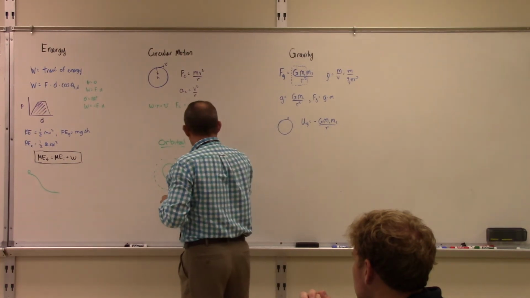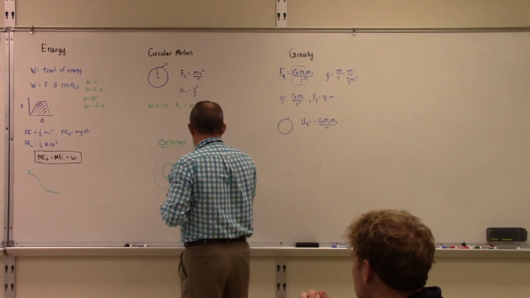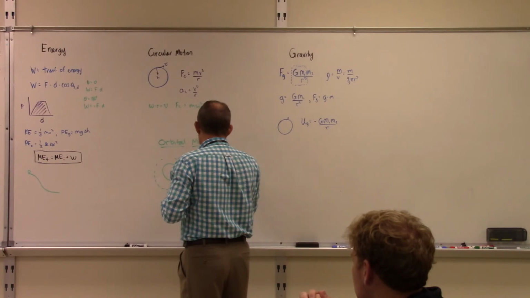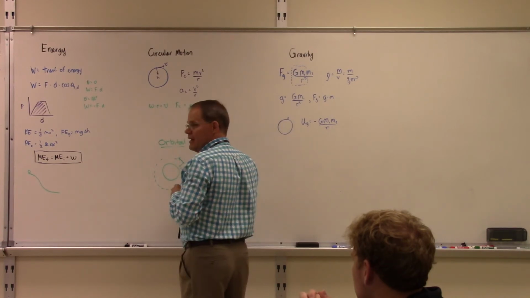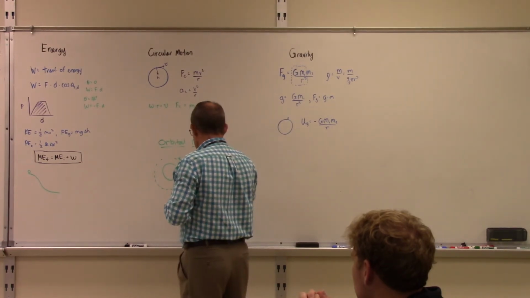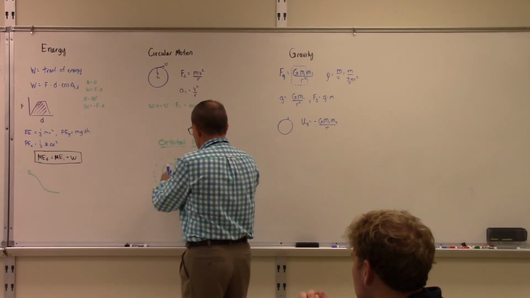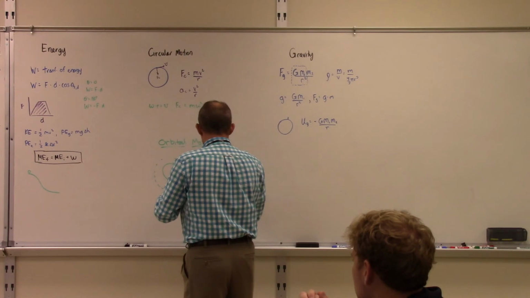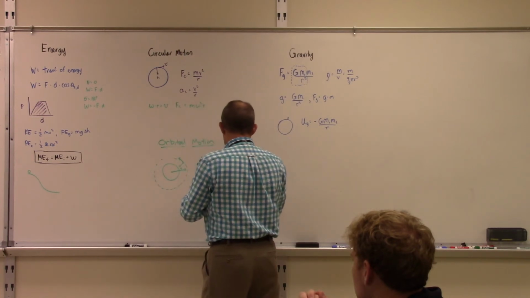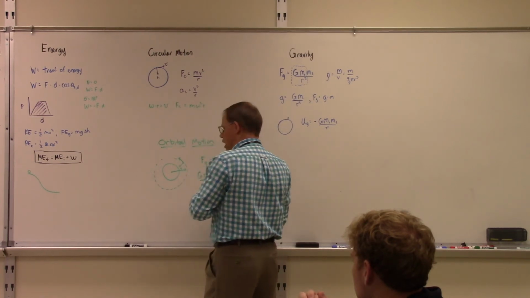The big idea here was that the force due to gravity is what is making it move in a circle. That allows you to work out G mass 1, mass 2 over r squared, where r is the radius of the orbit, equals m2 v squared over r.